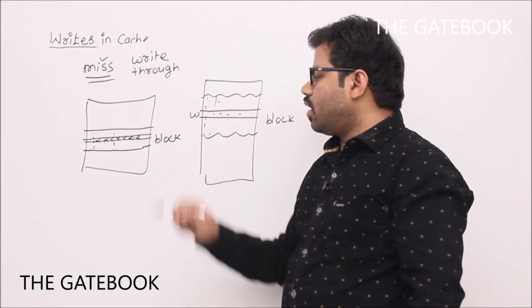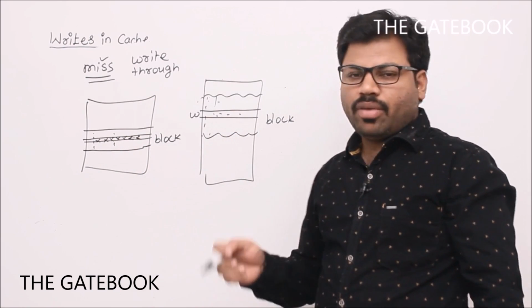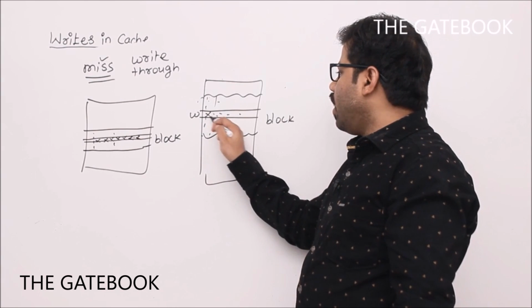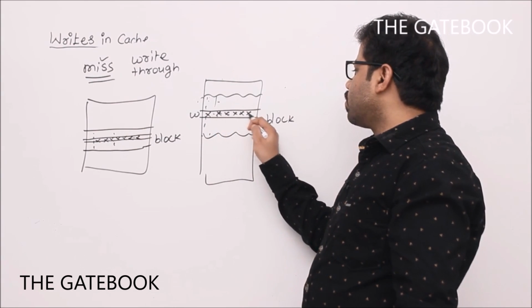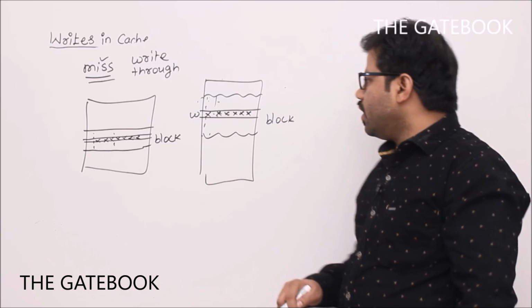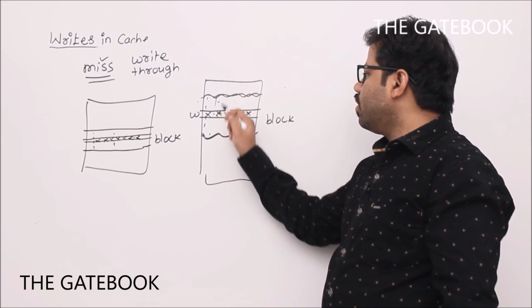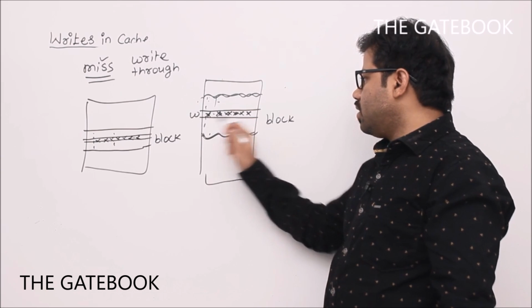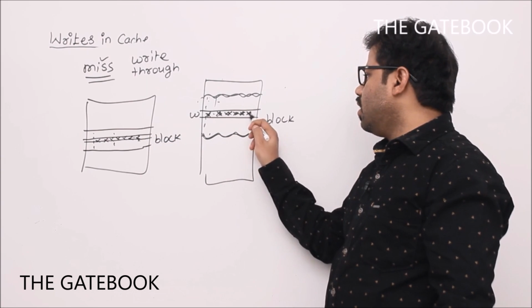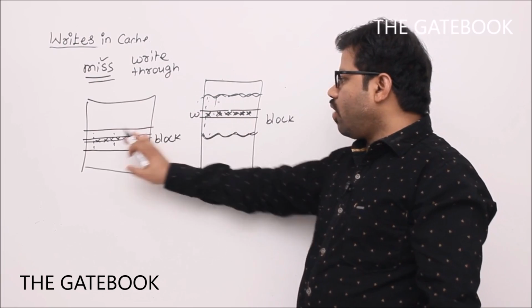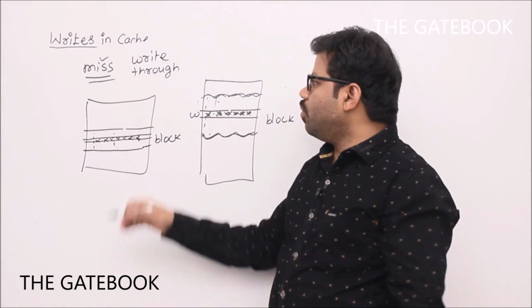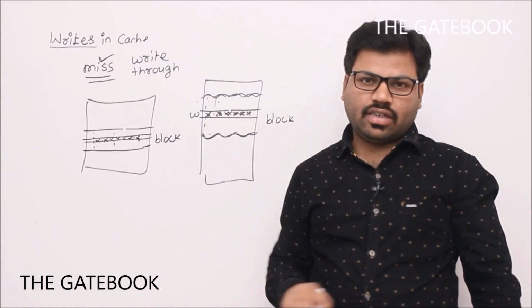But what about main memory? In main memory also we update it. Otherwise, first go to main memory and update there, because you did not get the data in cache, and then the entire block is transferred to the cache. That is about a miss.